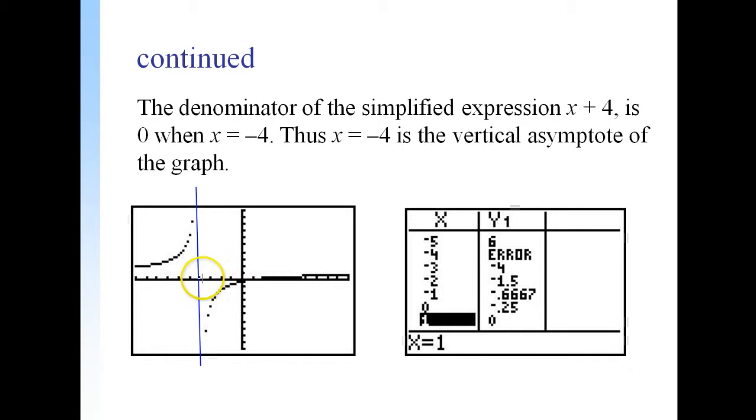One, two, three, 4. There's your vertical asymptote, and it shows up really, really well on your graphing calculator. Again, I'm not sure how much they're going to use it, but that's what it is. Okay, we kept this down to a little bit over 20 minutes, so not too bad.